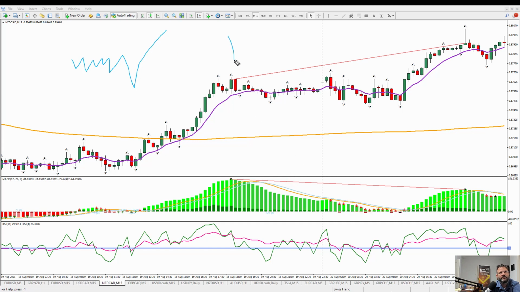Or maybe it'll consolidate, fake down, then continue the move, in which case you could take this trade here to here, and then the other trade here to here if it's a fake out. Or it can consolidate and then reverse on you. Either way, when it consolidates, I always take my profit, and that's where this moving average comes in.